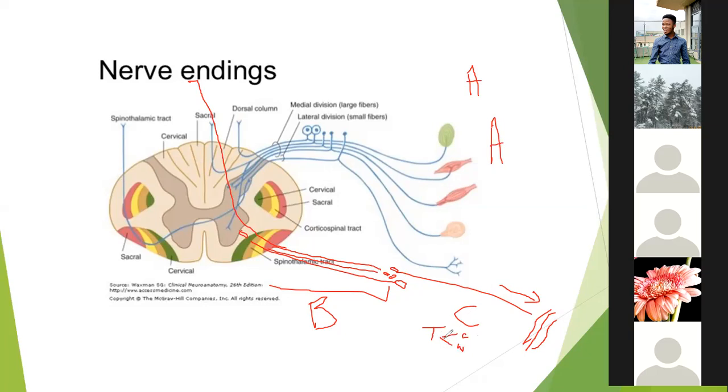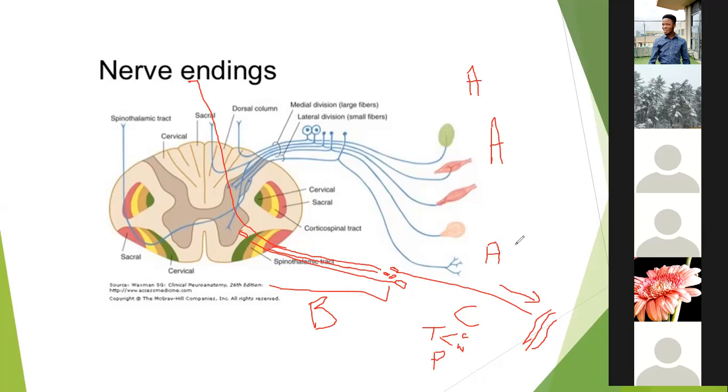Number 3, we also have the dull pain. The slow pain is also captured in type C. Okay, so we have postganglionic, and then receptors will be temperature, cold and warm, plus pain, the dull pain. Sharp pain, remember, it falls under A delta.